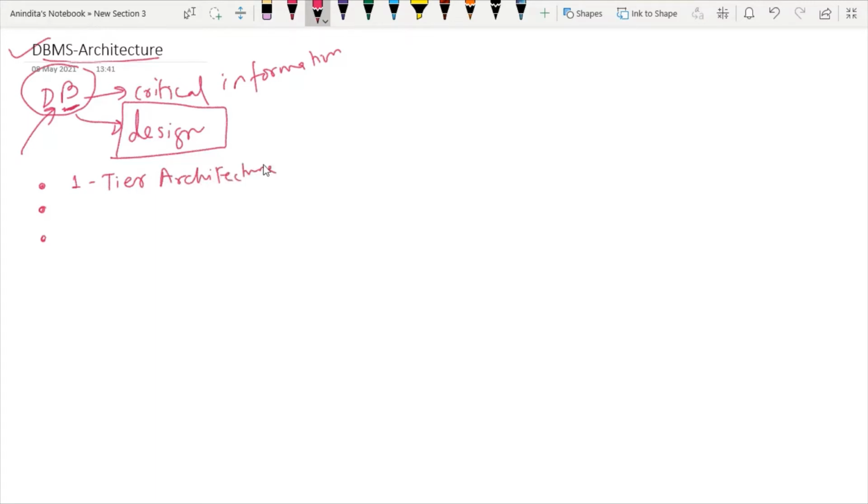Now, what do you mean by one tier architecture? I'm showing you one diagram. Try to understand the meaning of this diagram. This is the simplest kind of architecture of a database management system, in which the client machine, the server and the database all reside together in one machine.